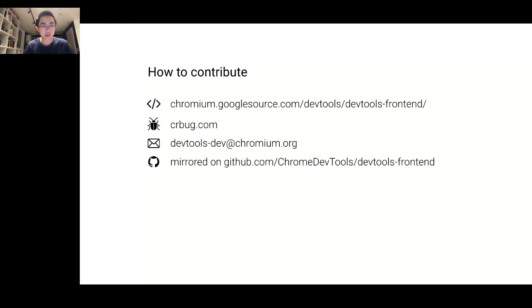There is a GitHub mirror at github.com/ChromeDevTools/devtools-frontend, but it's just a mirror. So filing issues there or uploading pull requests is not going to make a difference, because this is not how we accept contributions, unfortunately.